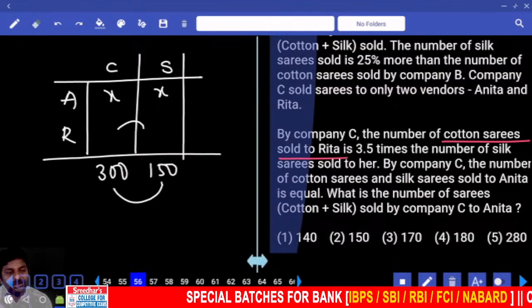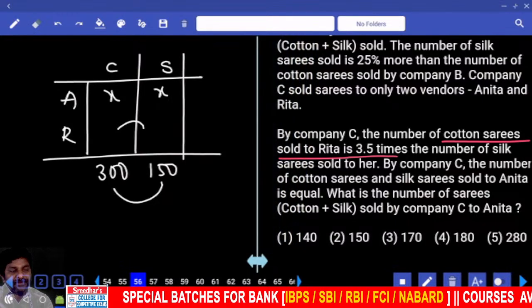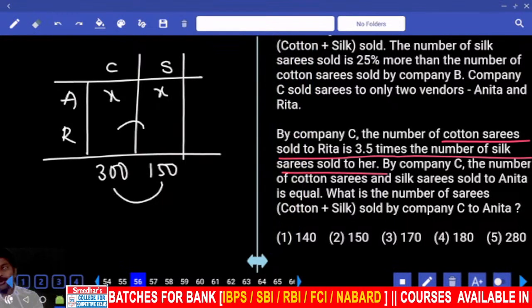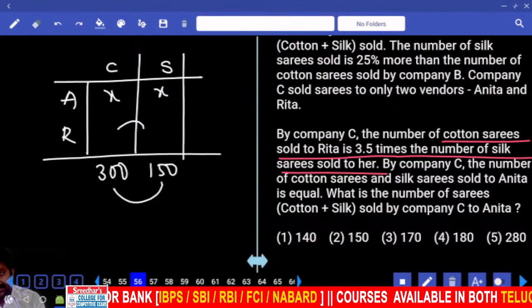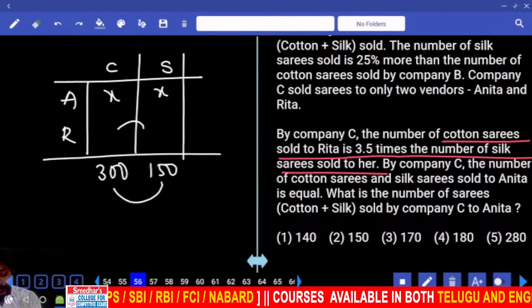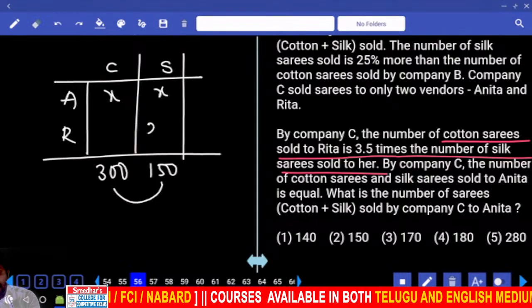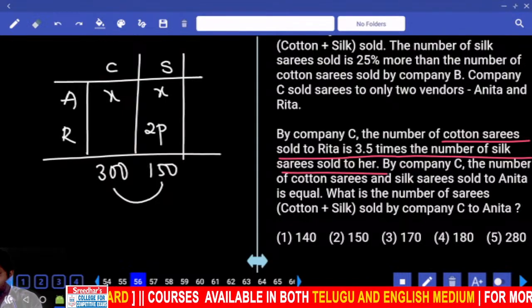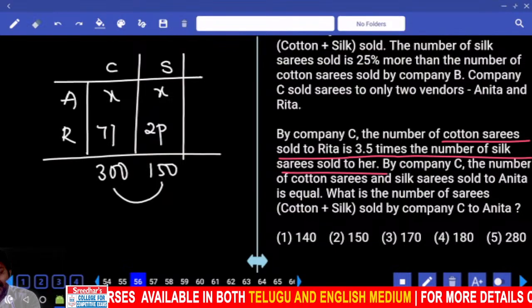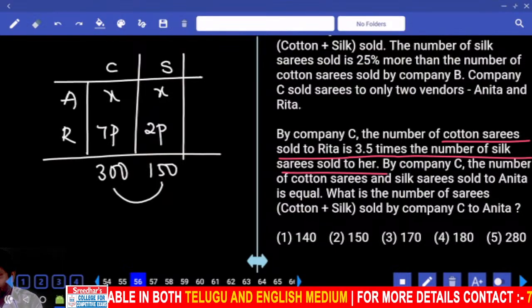Cotton sarees sold to Rita is 3.5 times of silk sarees sold to her. 3.5, 7 by 2. Denominator. So, I'll take silk sarees as 2 parts. Then cotton sarees will be 7 parts.